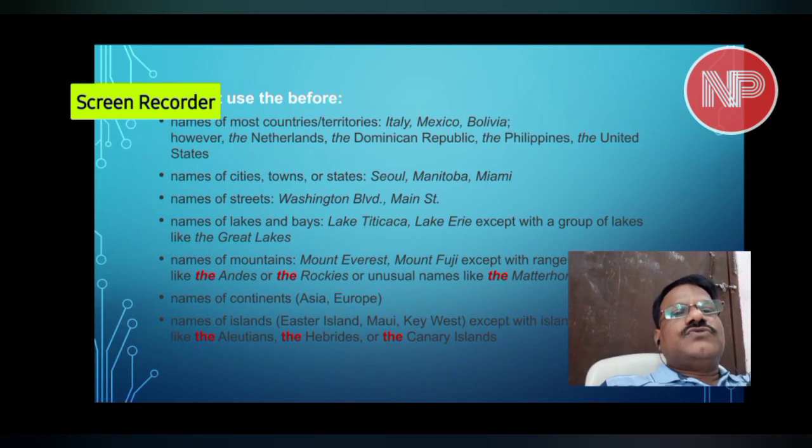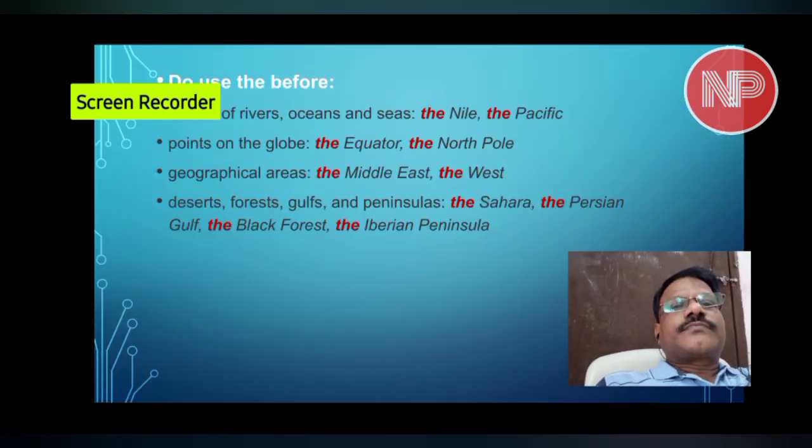So where should we use article the again? Do use the before what?